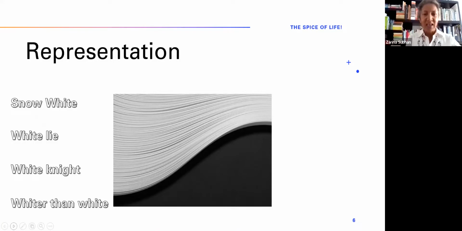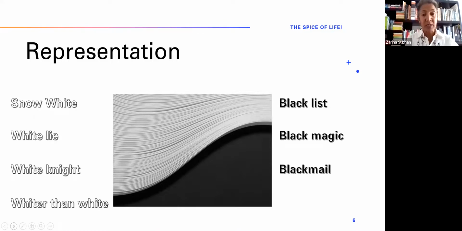Whereas common phrases to do with black, you've got blacklist. If you're blacklisted, you're maybe not going to be allowed into a group for whatever reason. Black magic. You've got blackmail. You've got black market. These are all normal words that are used in everyday English language.